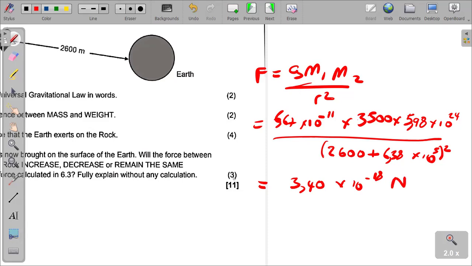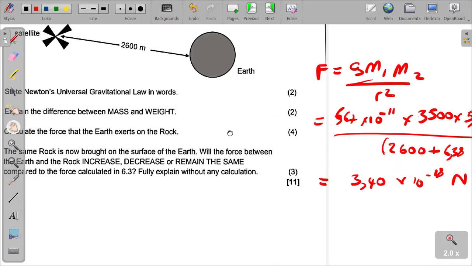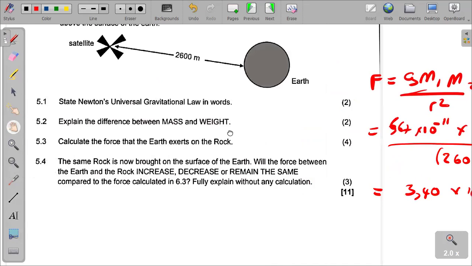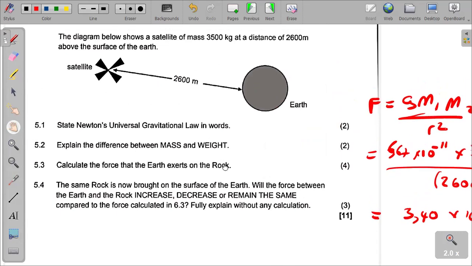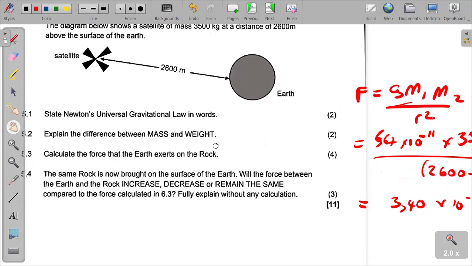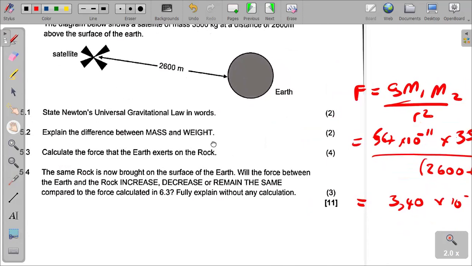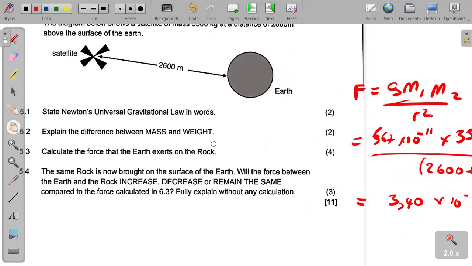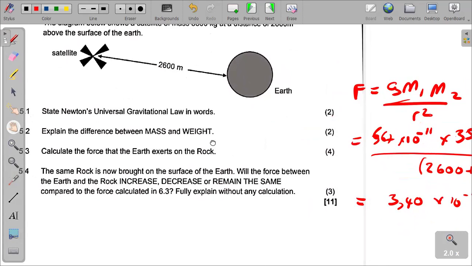Let's go to the next question, which is 5.4. The same rock is now brought to the surface of the Earth. Will the force between the Earth and the rock increase, decrease, or remain the same compared to the force calculated in 5.3? Fully explain without any calculation.